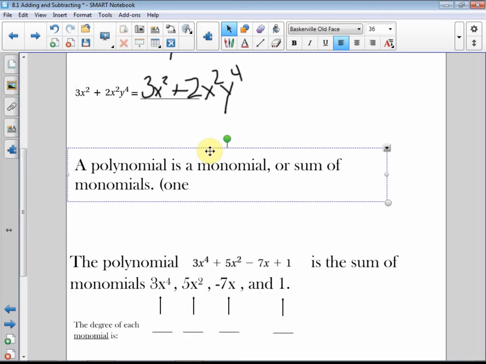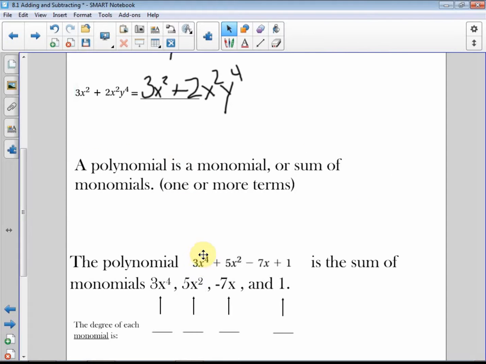Polynomials can be one or more terms. So, we have an example of a polynomial: 3x to the 4th plus 5x squared minus 7x plus 1, which is the sum of monomials: 3x to the 4th, 5x squared, negative 7x, and 1.